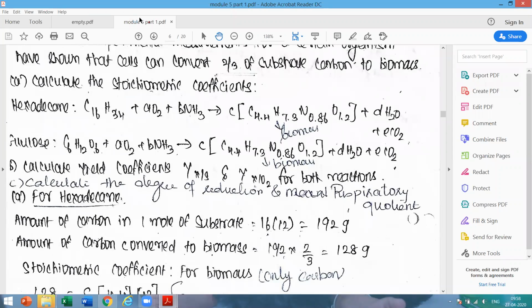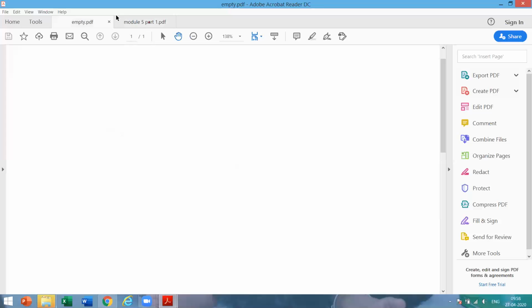So how we have to do it, first let me write it fast. Same problem, same method, but this is not glucose production. Glucose has been converted to biomass.